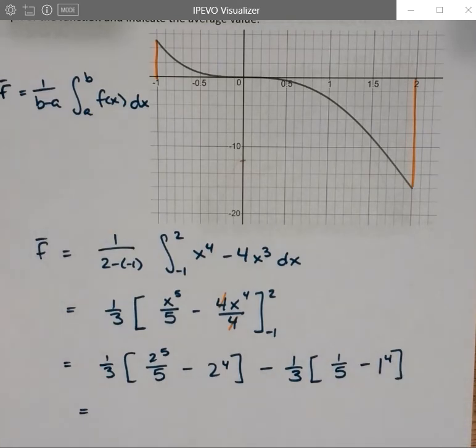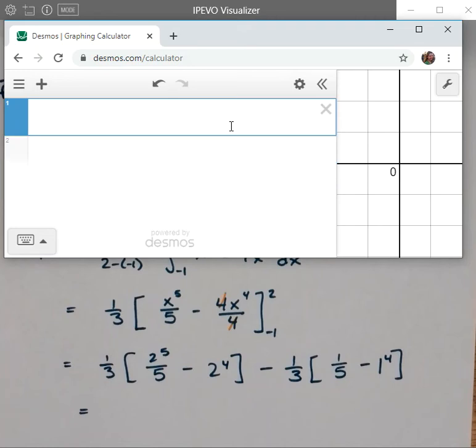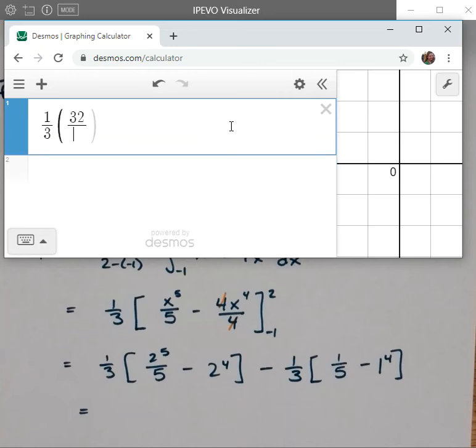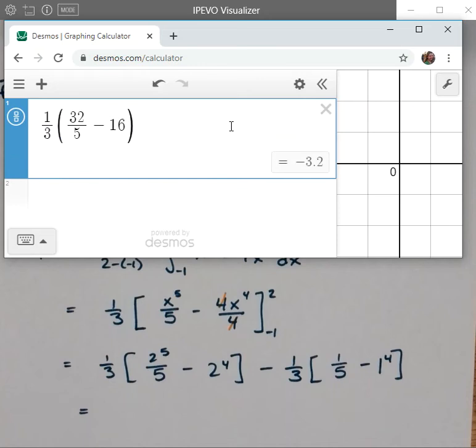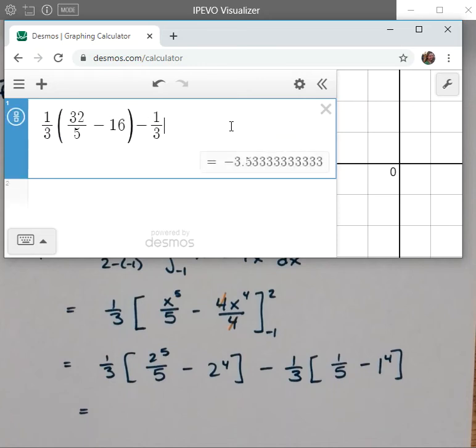So a calculator is fine to use. So I'm doing 1/3 of 2 to the 5th divided by 5 minus 2 to the 4th minus 1/3 of 1/5 minus 1 to the 4th.